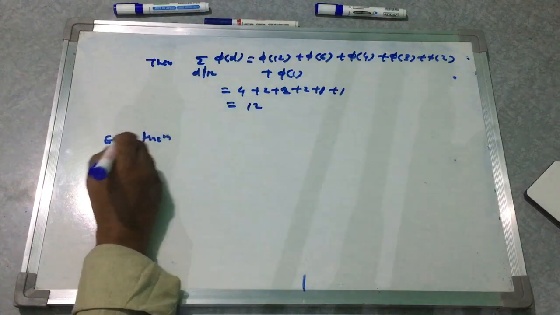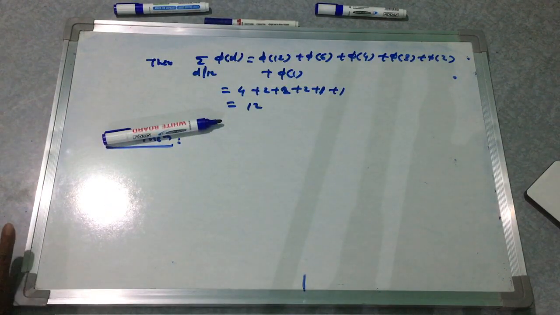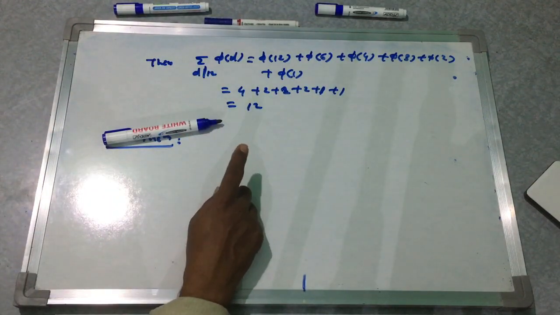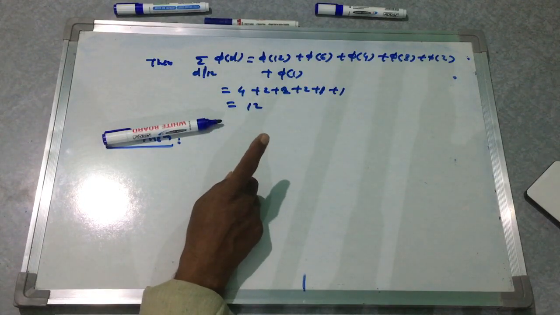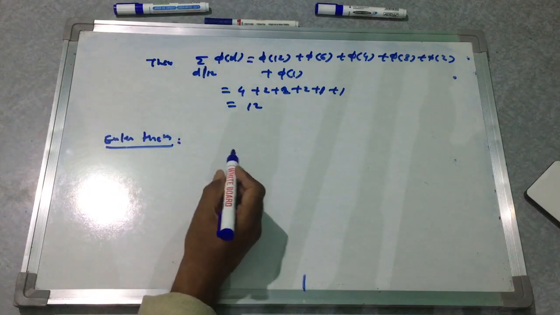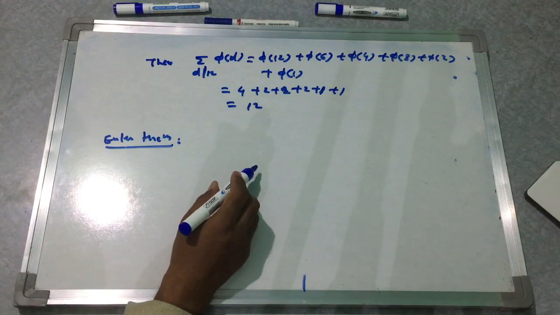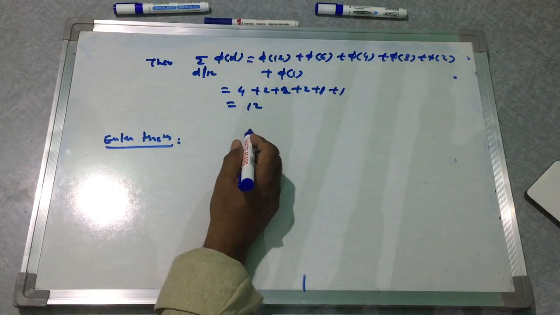Euler's theorem. In the definition, a reduced residue system modulo n is a set S of phi of n integers such that each element of the set is relatively prime to n, and no two different elements of the set are congruent modulo n. S is a reduced residue system modulo n.